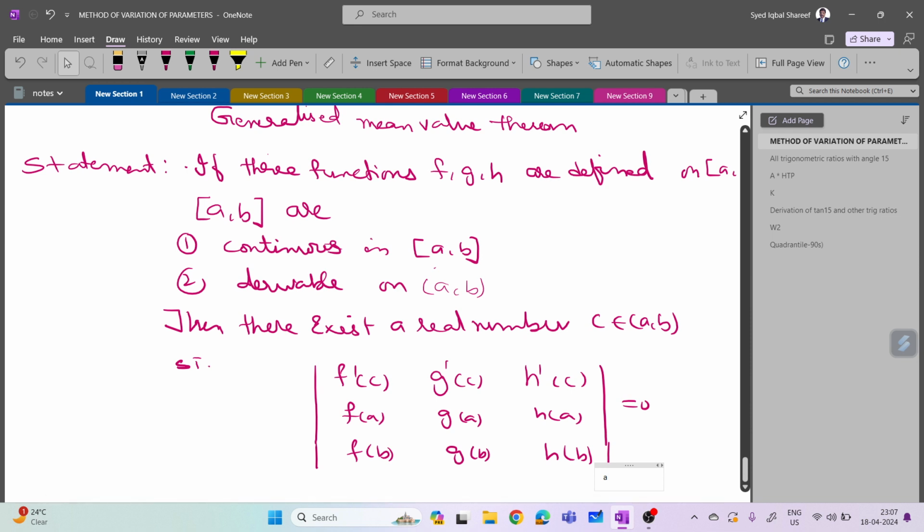Today we'll discuss the generalized mean value theorem. So, what is the statement?